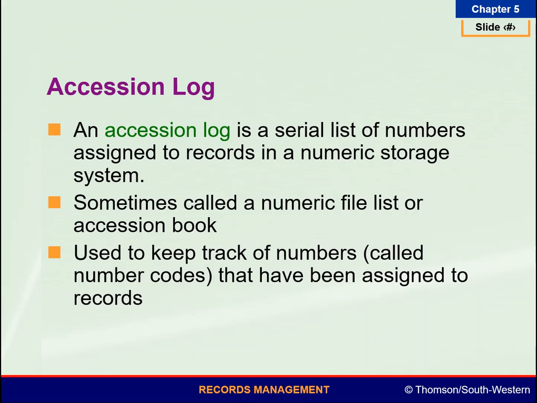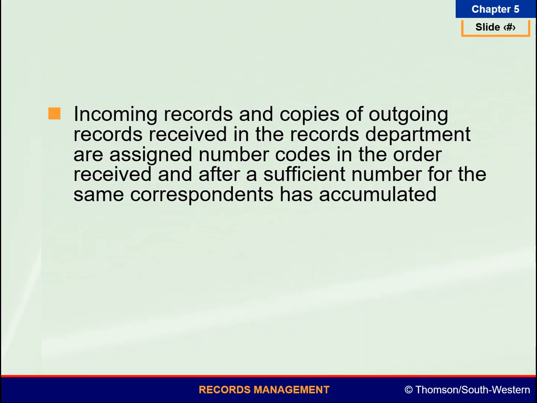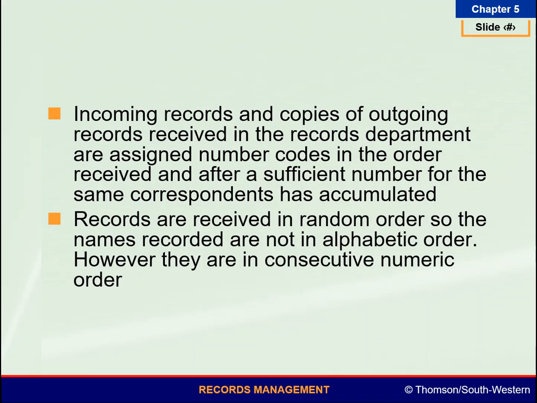So the first component is ascension log. Another piece of information about ascension log is that incoming records and copies of outgoing records received in the records department are assigned number codes in the order received, after a sufficient number for the same correspondent has accumulated.